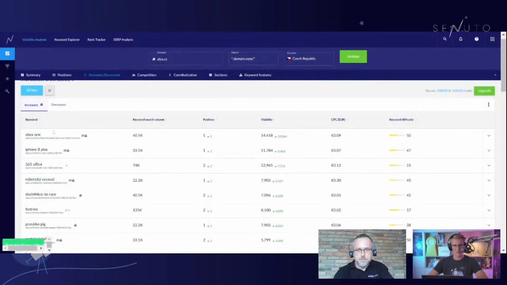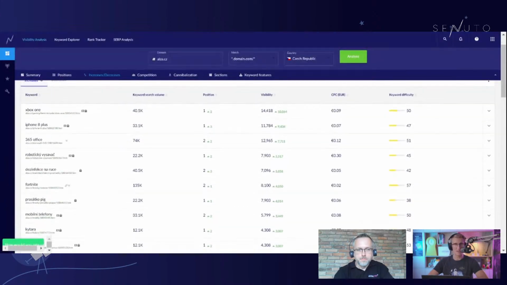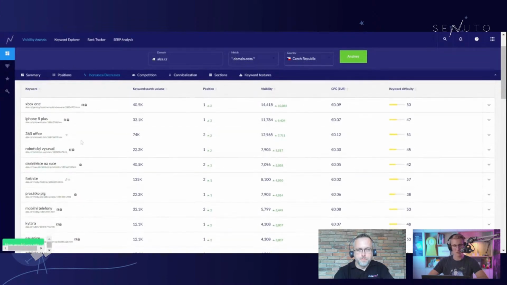For example, we have Xbox One over here, and we see that this is the biggest increase right now for alza.cz, and this is very important information for us, that we see that this is very good regarding our business, very good regarding our commerce, because of this kind of keywords, the top increases we see over here.